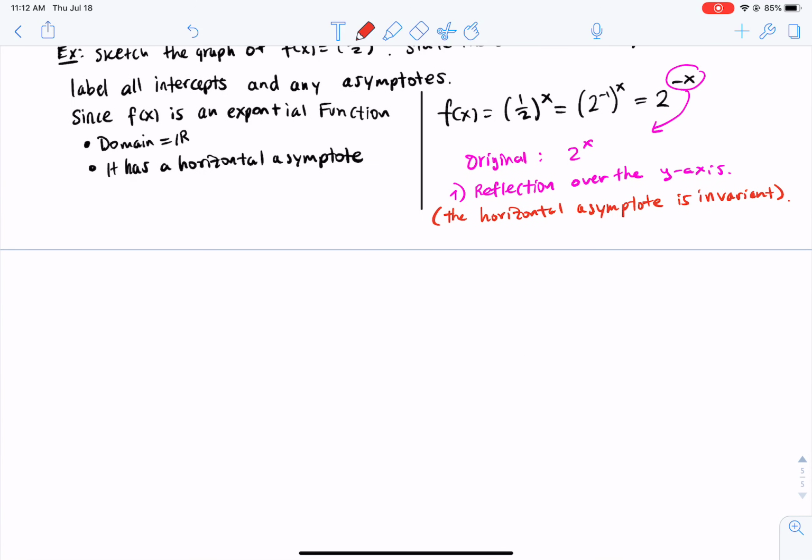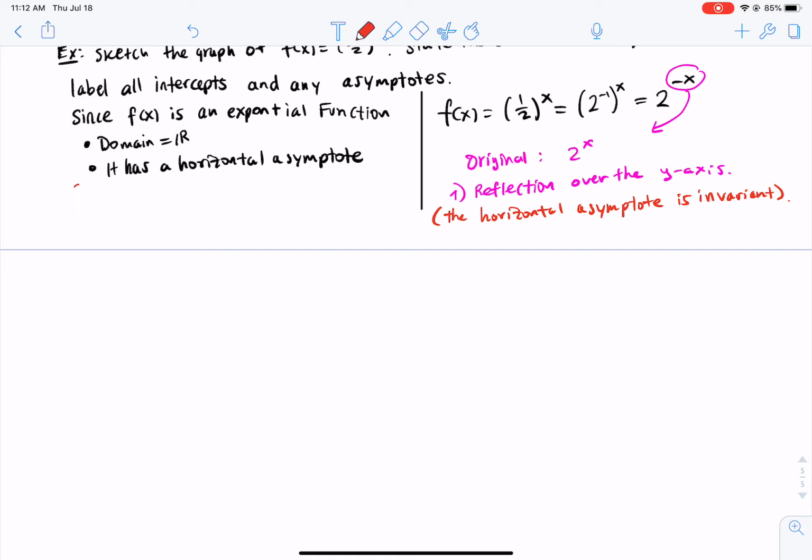For the horizontal asymptote here, what transformations will affect it? The ones that will affect the horizontal asymptote are shifting it vertically. Shifting horizontally will not change the horizontal asymptote, only shifting vertically.